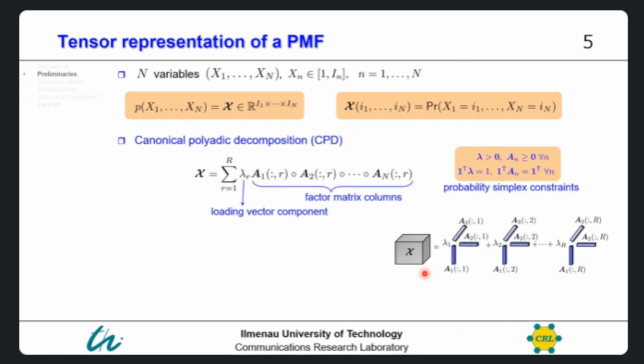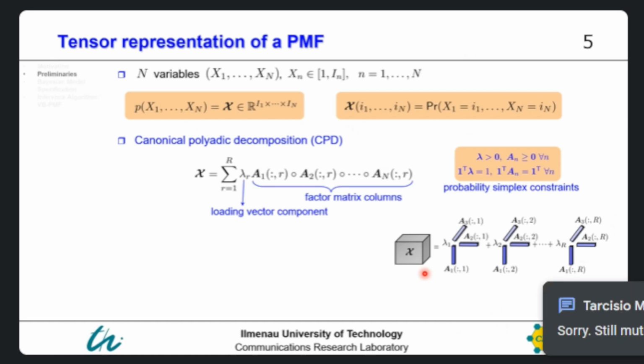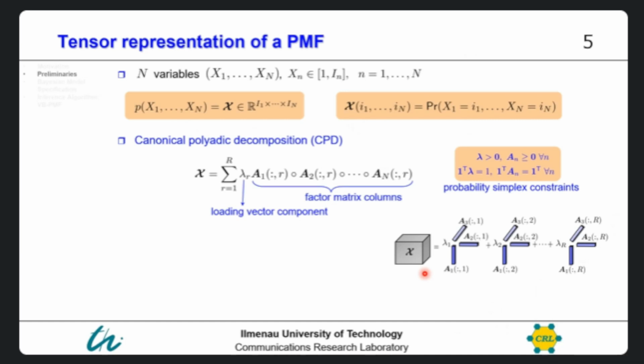And this CPD is a special kind of CPD because the loading vector and the factor matrices have to fulfill constraints known as the probability simplex constraints. In other words, the loading vector has to be non-negative and sum up to 1, and the columns of the factor matrices also have to be non-negative and sum up to 1.